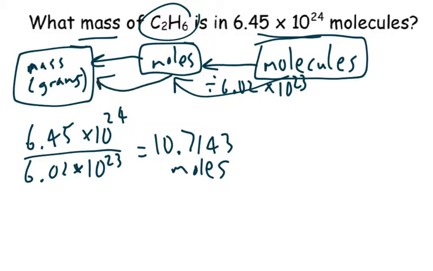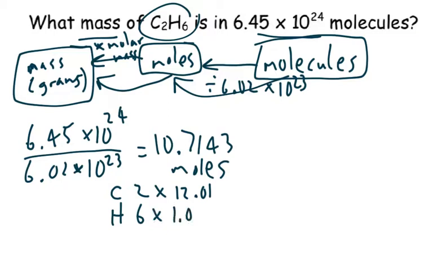So if you recall, to go from moles to grams, we got to multiply by the molar mass. Okay, so let's find the molar mass of C2H6. So there's 2 carbons, 6 H's. Carbon is 12.01. Hydrogen, we round it to 1.01. This will be 24.02.